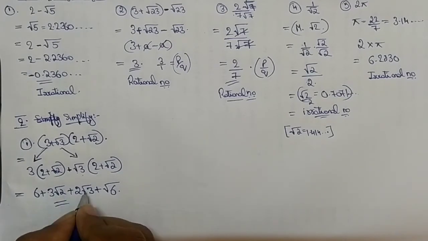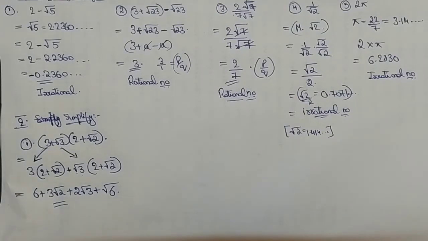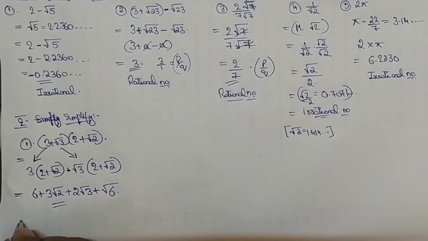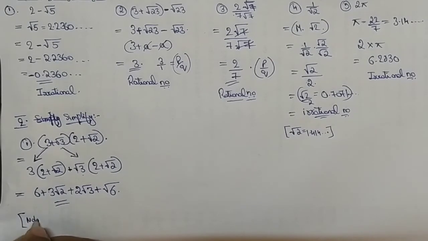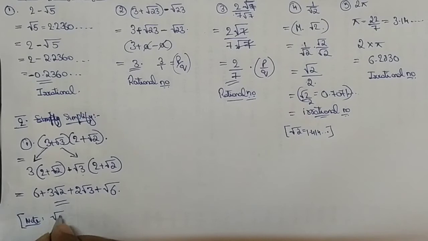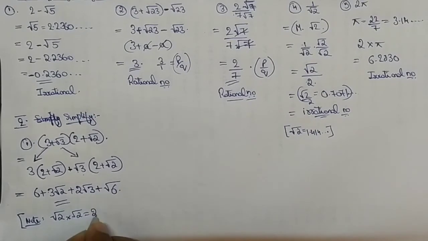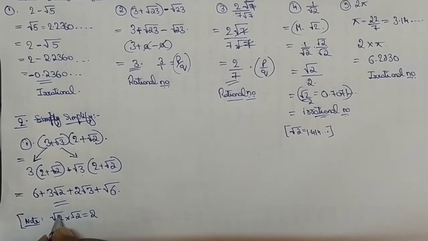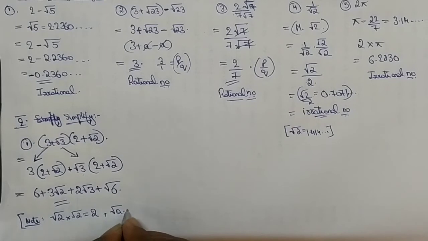We cannot add these two because the numbers within the square roots are different. See, I will show you something. Please note this. Root 2 into root 2 is going to give you 2. In general, root a into root a is going to give you a.